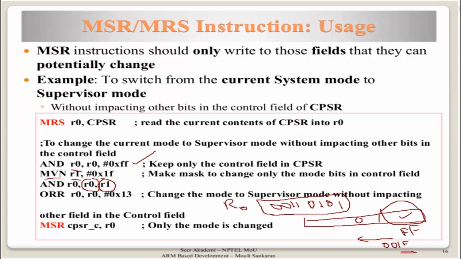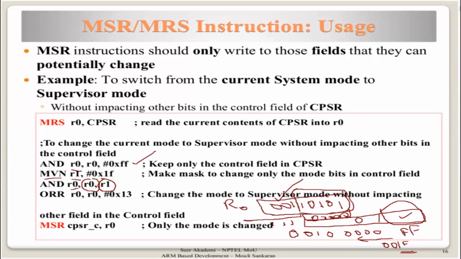I am ANDing it with all ones, and only these 5 bits I am ANDing with zeros. So I am making sure that whatever was the previous content in the top bits is made 0, and I am preserving these values. So this happens to be 001, and the top 5 bits are made all zeros. This is the R0 content.